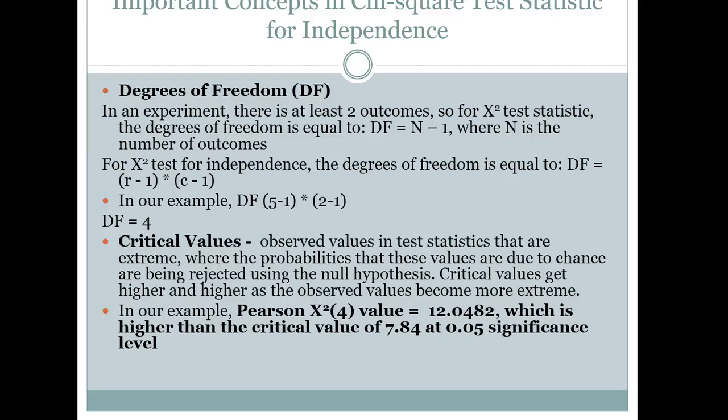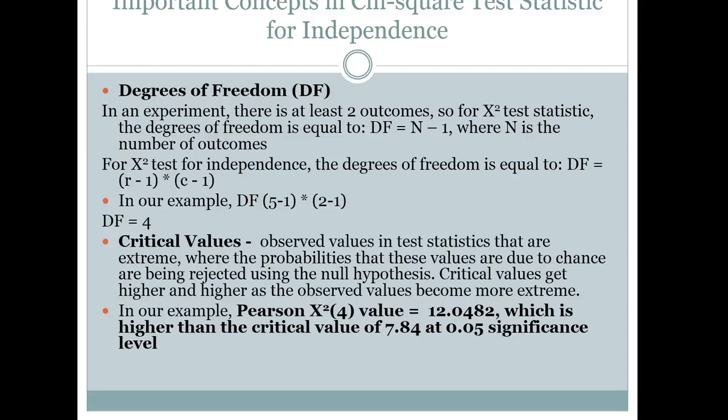So now let's go back to our example where we got our Pearson chi-square test statistic value with degrees of freedom of 4. It was 12.0482.